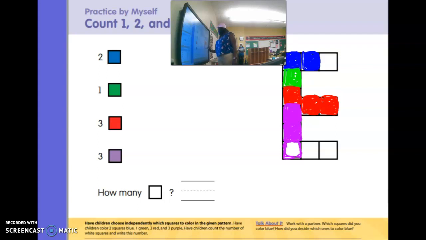This is my number 3 right here. Make sure you stay in the lines, guys. And like I said, you can pause while you do your coloring. But I'm just staying on with y'all, okay? For y'all to see.